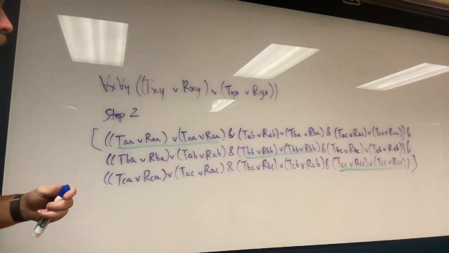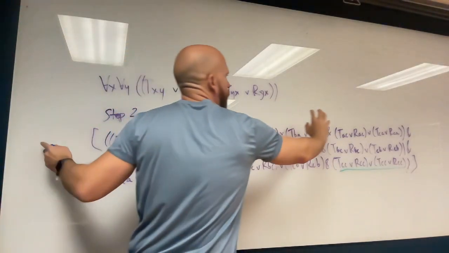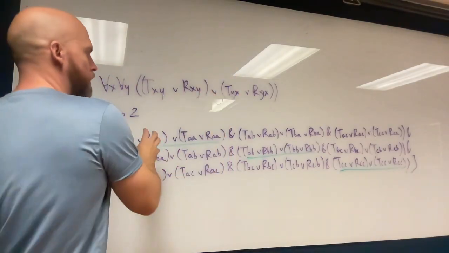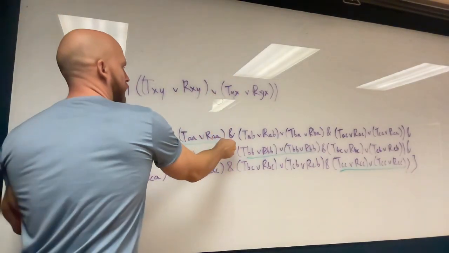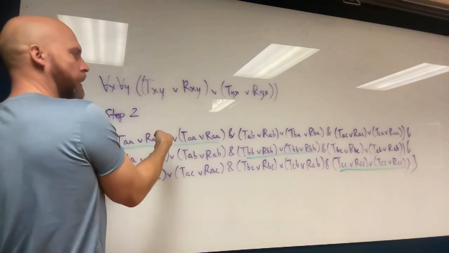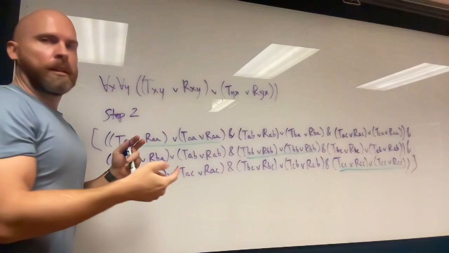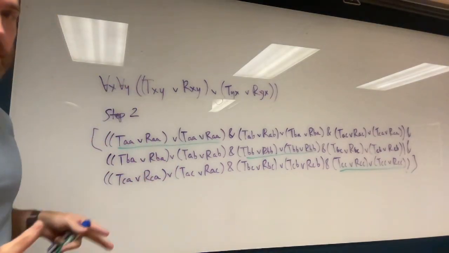And you can look at this. So this has to be true for this disjunct, right? For this long conjunction, that is, this disjunction, this TAA or RAA has to be true. Same for TBB or RBB or TCC or RCC, for this whole expression to be true, right?